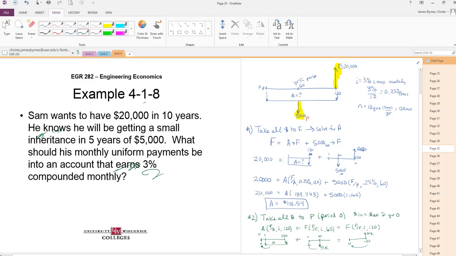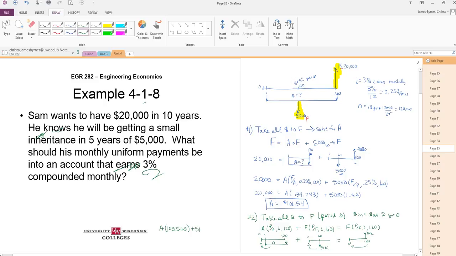So I'm going to come over here, I'm going to fill that in. So I'm going to do A times P given A 120, my I is 0.25 and 120, it's 103.563. You can look that up in the book.